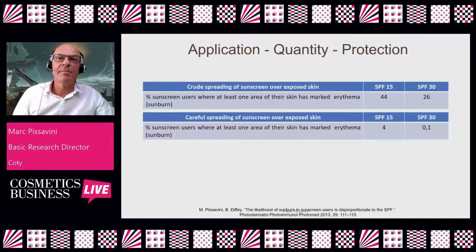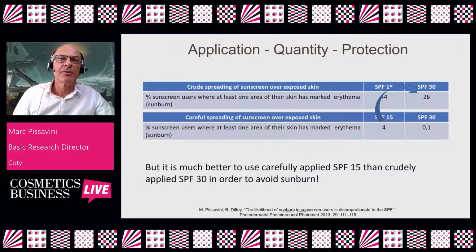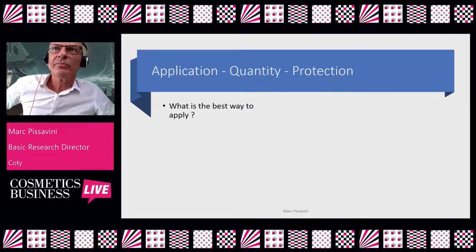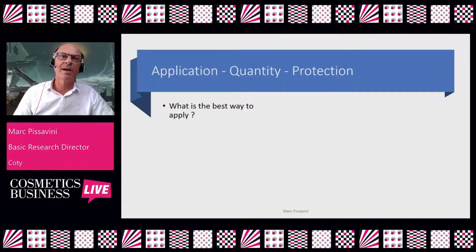But what is the other message? Quite interesting, look at this. It's much better to carefully apply an SPF 15 than to crudely apply an SPF 30 to avoid sunburn: 4% if you carefully spread your SPF 15, 26% risk of having an erythema with an SPF 30. So what is the best way to apply your product and what is the best amount to apply?